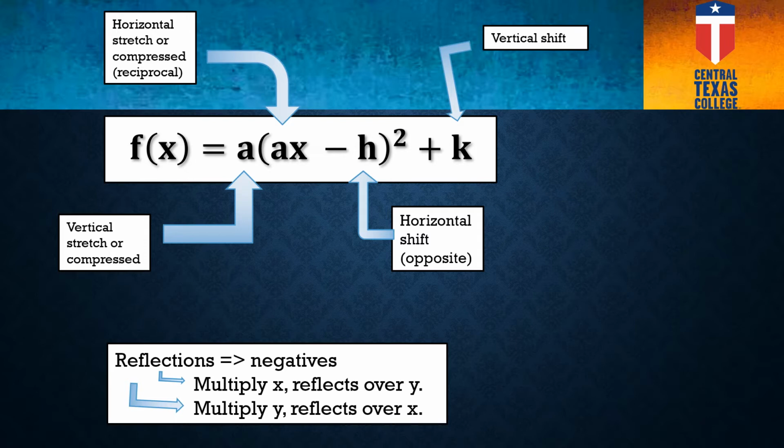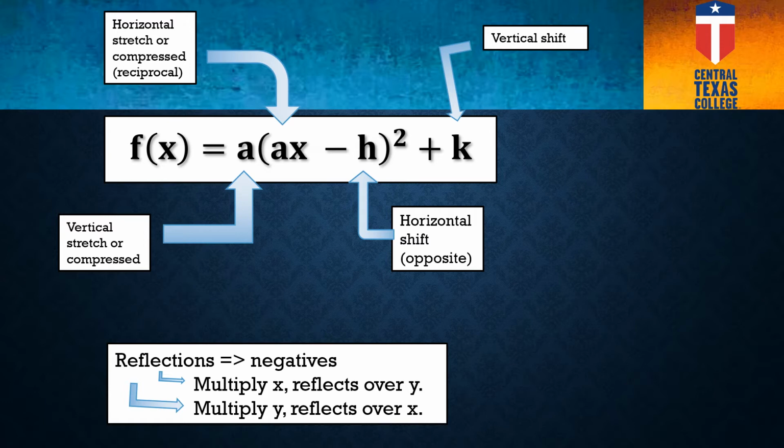But if any number based on h is subtracted or added, it's better known as a horizontal shift. It's going to be the opposite. What I mean by the opposite: if it's inside the parentheses and you're subtracting h, it's going to be a horizontal shift to the right.